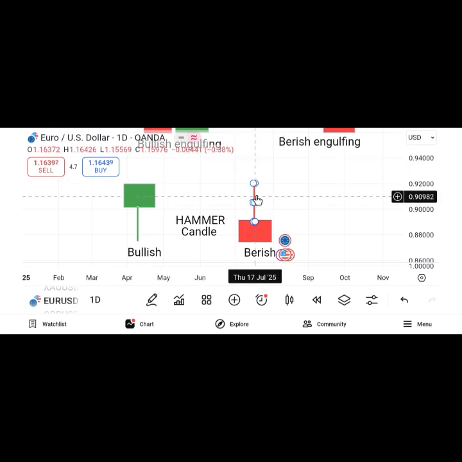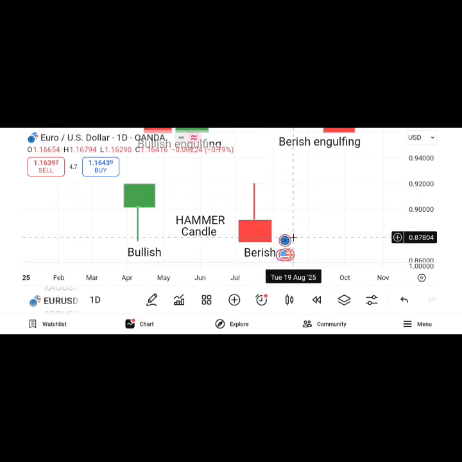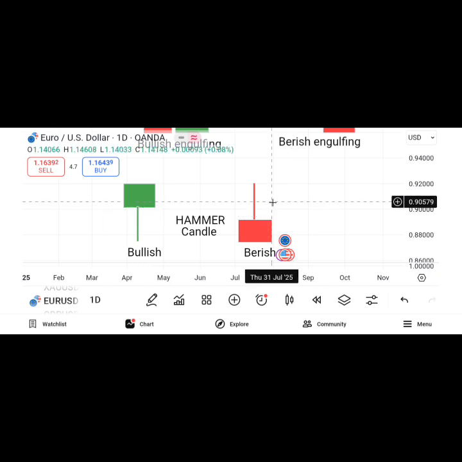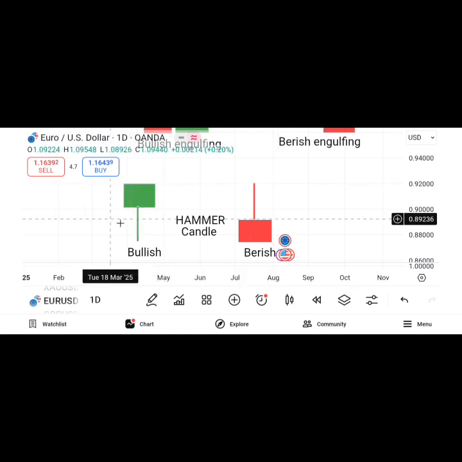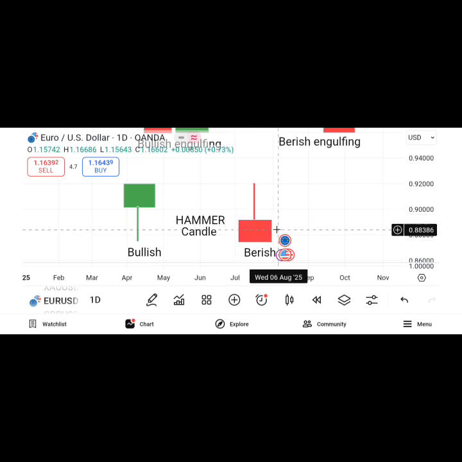This wick takes it out and closes below. You can use it as confirmation, put in your trade, your stop at the high, and short the market. If spotted on a higher time frame, you can use it to spot that this market is not ready to go up anymore, it's time to start selling.